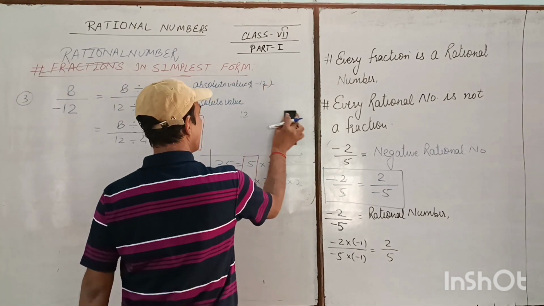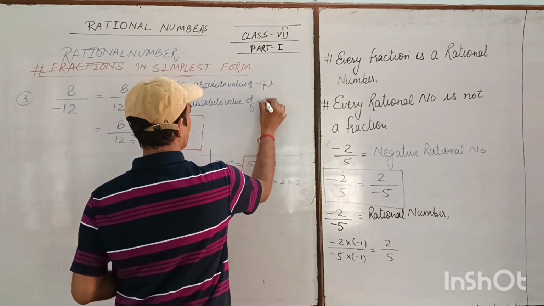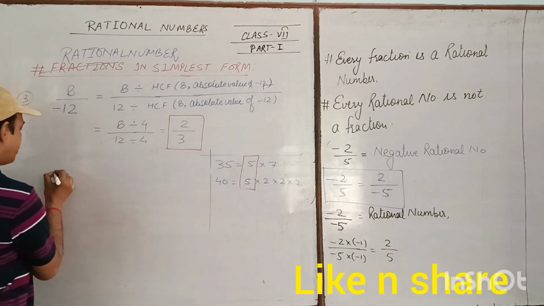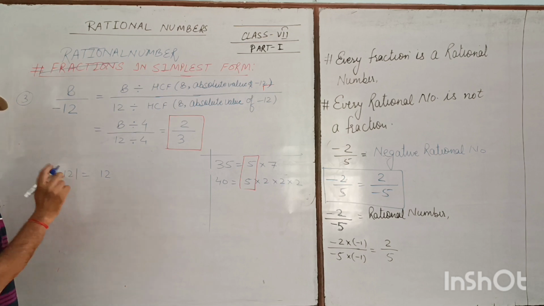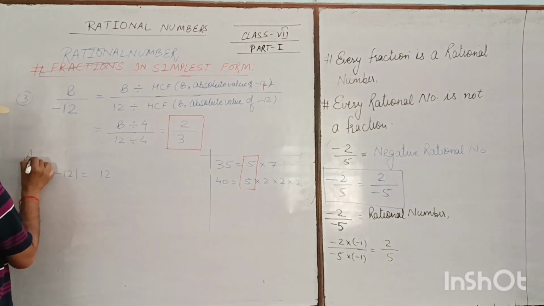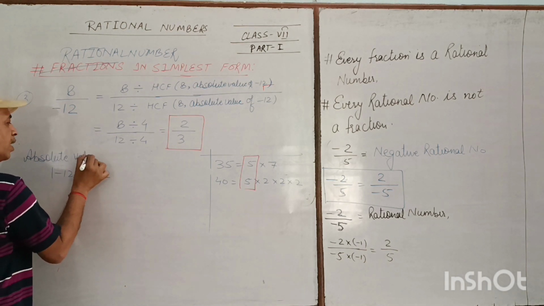Yes, now a new word has come: absolute value. Absolute value gives you a value without sign. The absolute value of minus 12 will be 12.